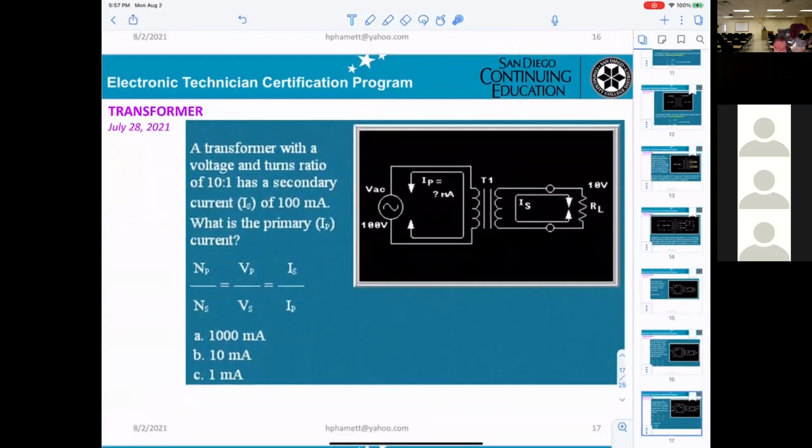A transformer with a voltage and turn ratio of 10 to 1. The secondary has a current of 100 milliamp. What is the primary current IP? So you use the formula NP over NS equals IS over IP.